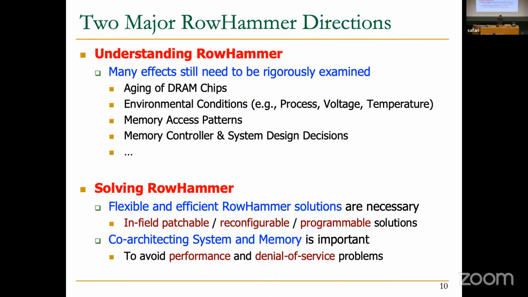And then the second direction is to leverage these observations, these insights, this knowledge to propose flexible, efficient, and secure mitigation techniques to protect us from RowHammer. So in this talk, I will be focusing on the first part, which is to understand the RowHammer phenomenon itself.